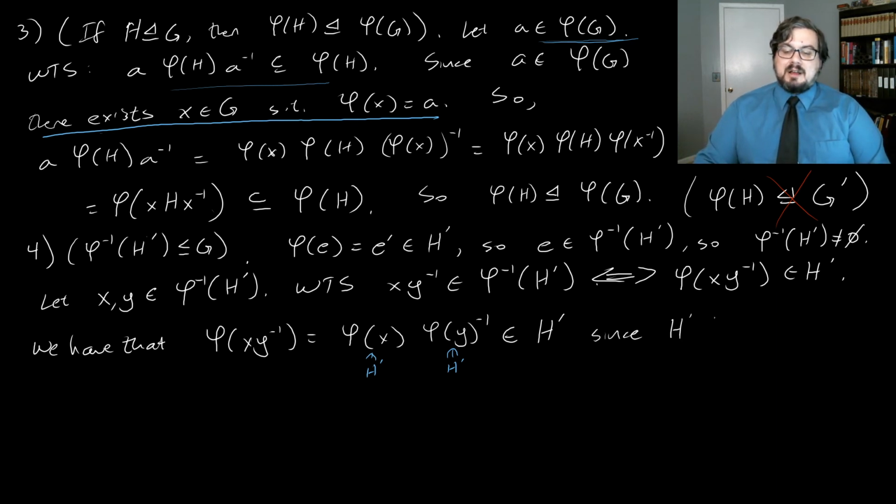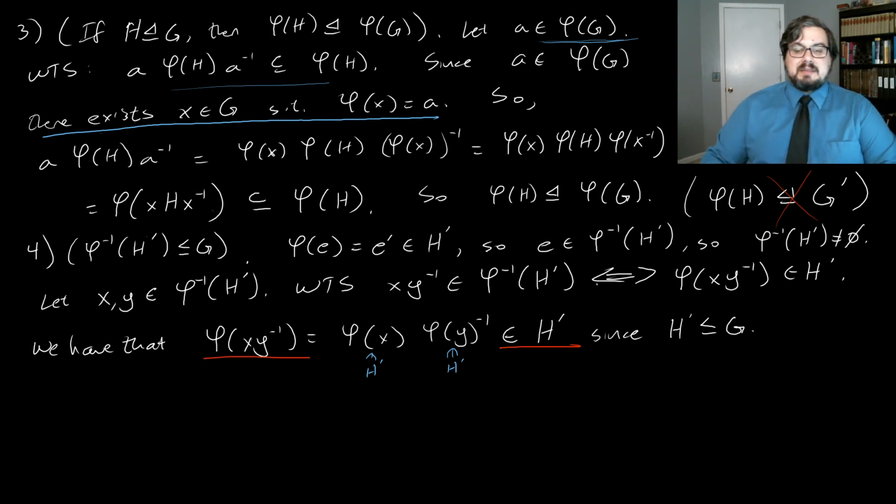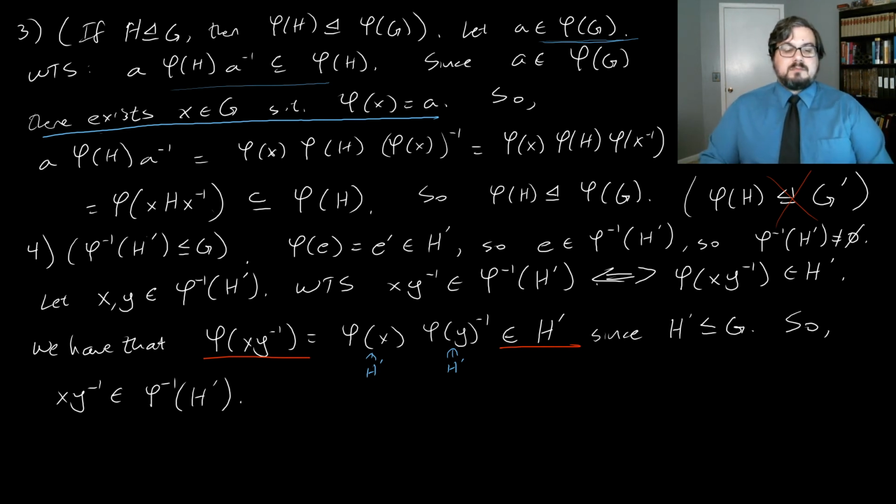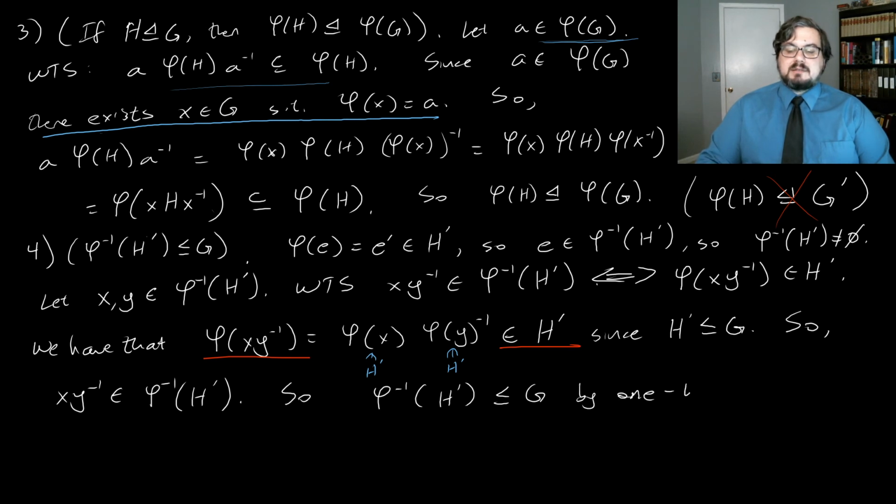Now, this statement, phi of XY inverse is contained in H prime, immediately becomes that XY inverse is in phi inverse, or the pre-image, of H prime. So that means that phi inverse of H prime is a subgroup of G by the one-step subgroup test.